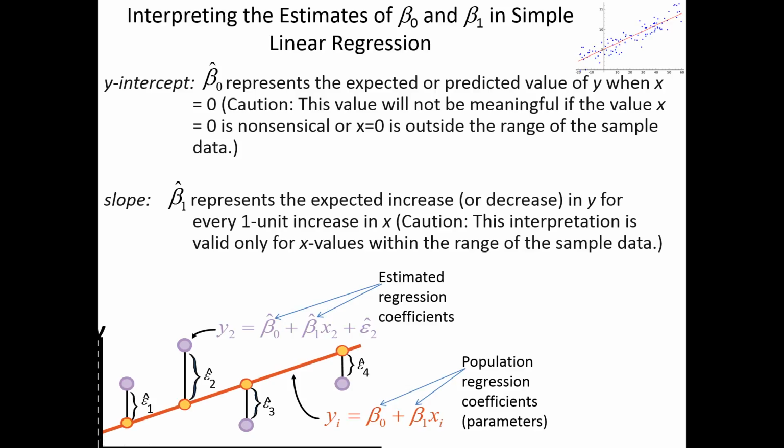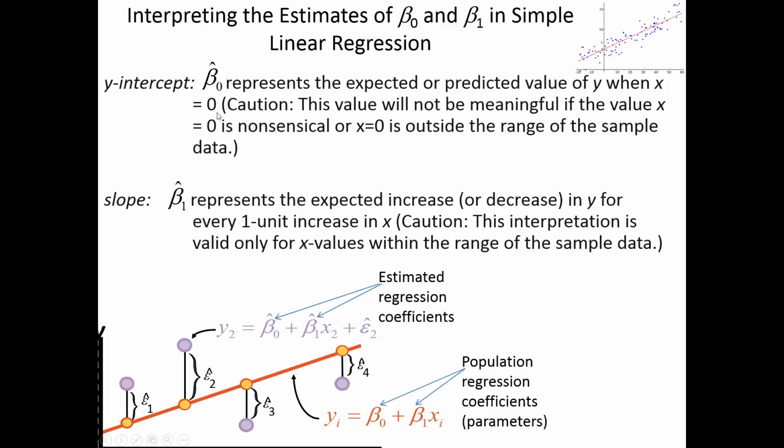However, when we think about these values, we can interpret them in the following ways. The y-intercept is interpreted as what we would expect the y value to be when x is equal to 0.